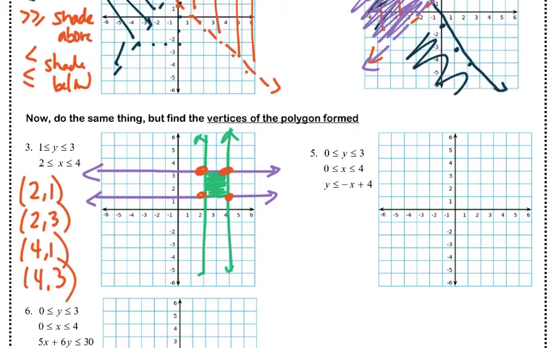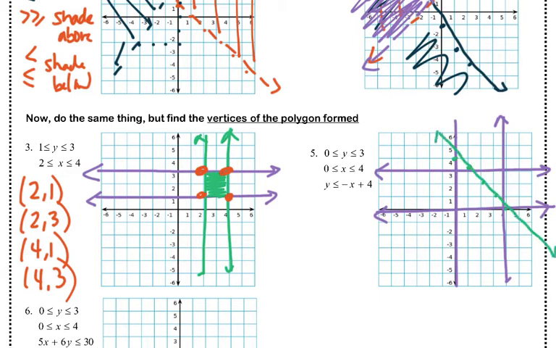Similarly over here, y is between 0 and 3, so horizontal line at 0, horizontal line at 3. The x is between 0 and 4. I'm just going to do that in the same color there. So I've got that rectangle. And then I'm going to come in here with y is less than or equal to negative x plus 4. So that's this line here.